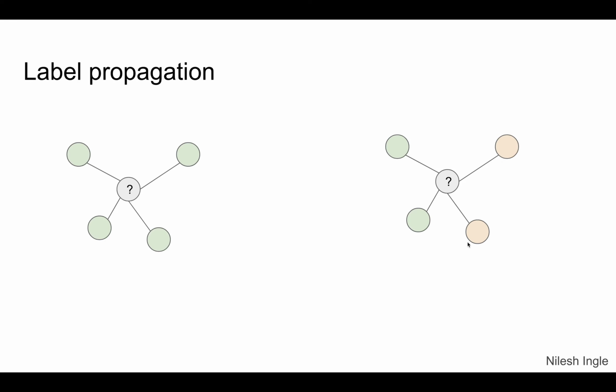Now it becomes a little difficult to know whether this center data point belongs to class green or class orange. And this is where we can use the weights between each of these data points and try to estimate the probability values, and based on that classify this point either as green or orange.